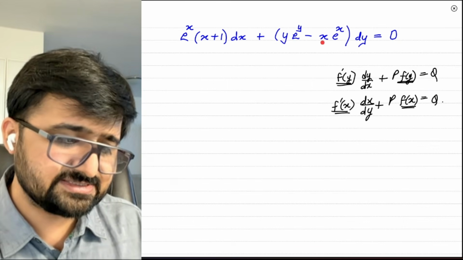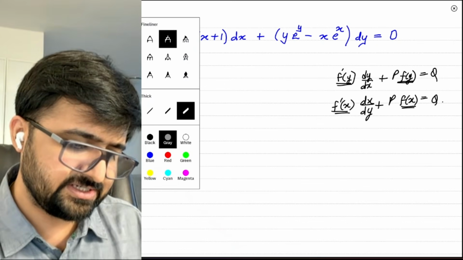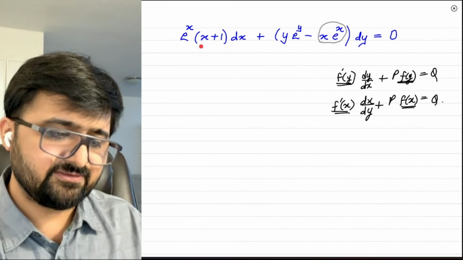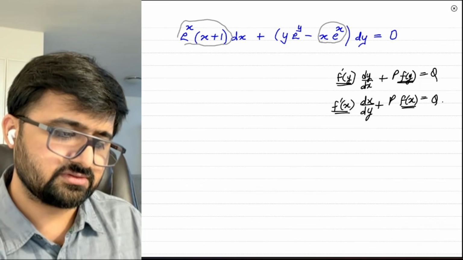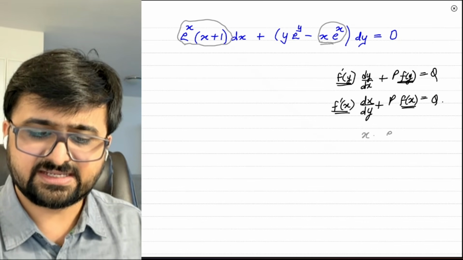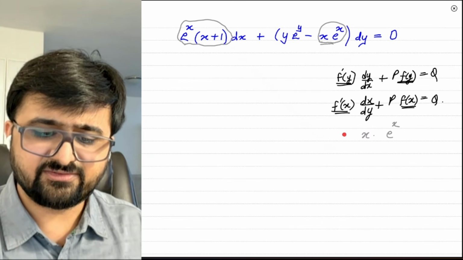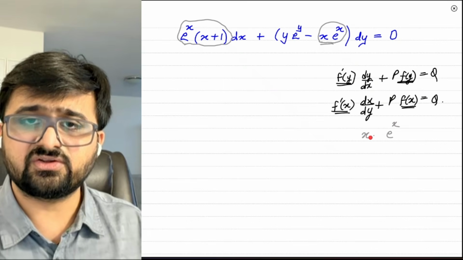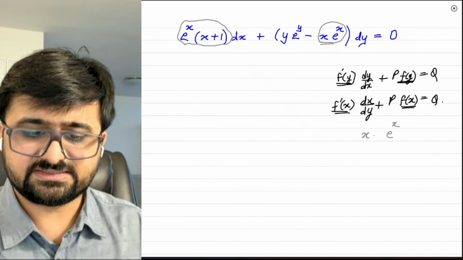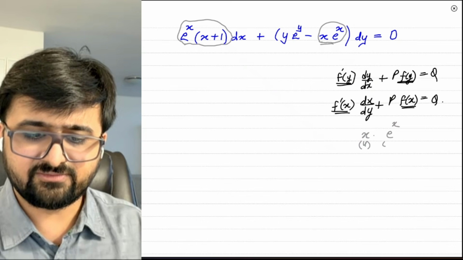If you notice this part, x into e to the power x, the derivative is somewhere this function. Let's take the derivative of x e to the power x. You have to apply the product rule in order to differentiate this. This is just like u and v.